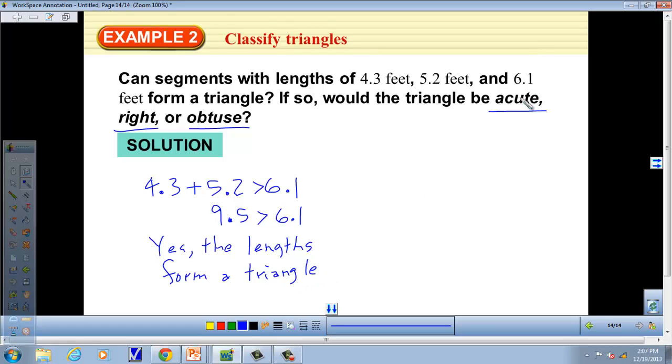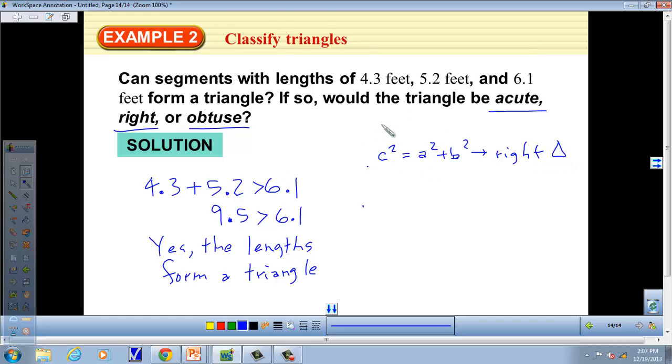So we're going to see, does it make an acute, right, or obtuse triangle? Now we've already found out that c squared equals a squared plus b squared forms a right triangle. Okay?